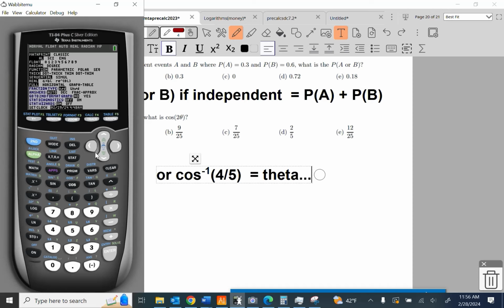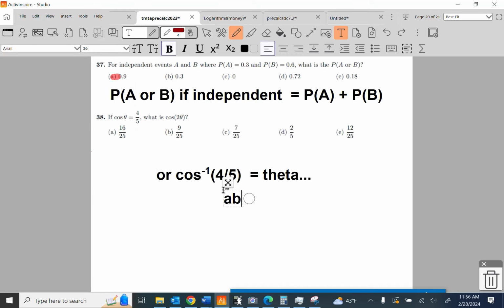give me in degrees here. I'm still very much a degree-oriented person. I should know this one too. It's about 36.87 degrees. Now here's what I'm going to do.